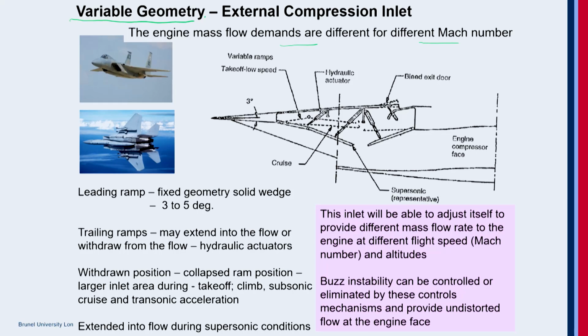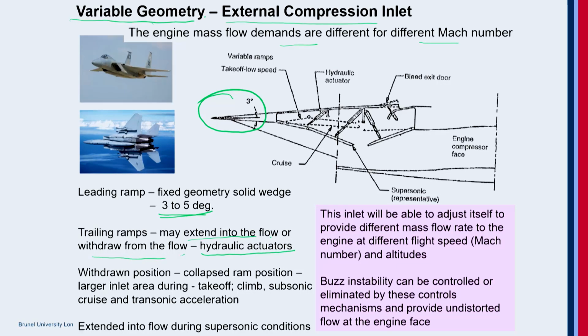When we have a variable geometry external compression ramp, the leading ramp is always a fixed, solid wedge. It is normally 3 to 5 degrees. The trailing ramps may extend into the flow or be withdrawn from the flow with hydraulic actuators.